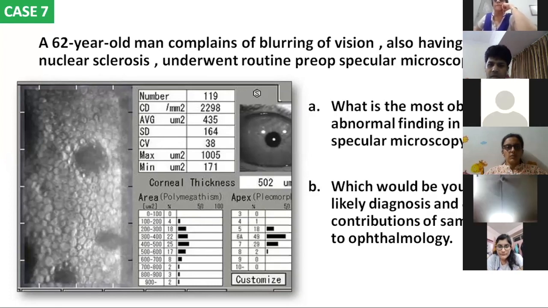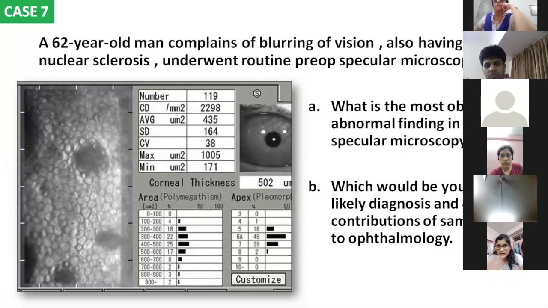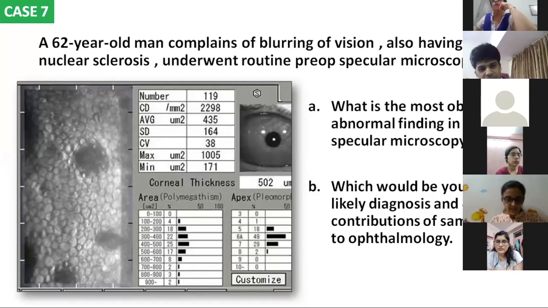Okay. So the second sub-question is, tell us 4 contributions of Fuchs to ophthalmology. So there are Fuchs heterochromic uveitis, then Fuchs spots seen in VKH, then you know them. Come on.